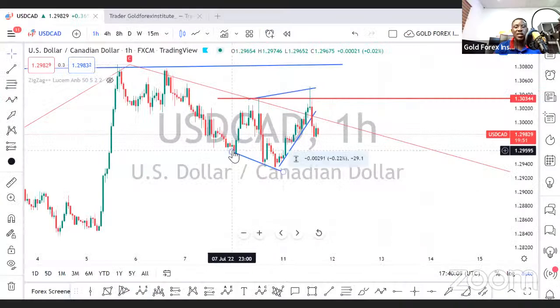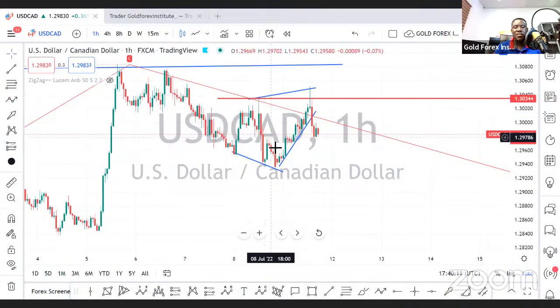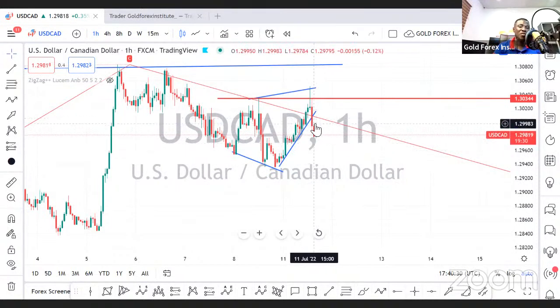So look at this. We have A, B went below A, and C went above the end of A. So this is an expanded flat correction. Now break out of the C leg. I think this could be a correction or something. I hope this was a correction.